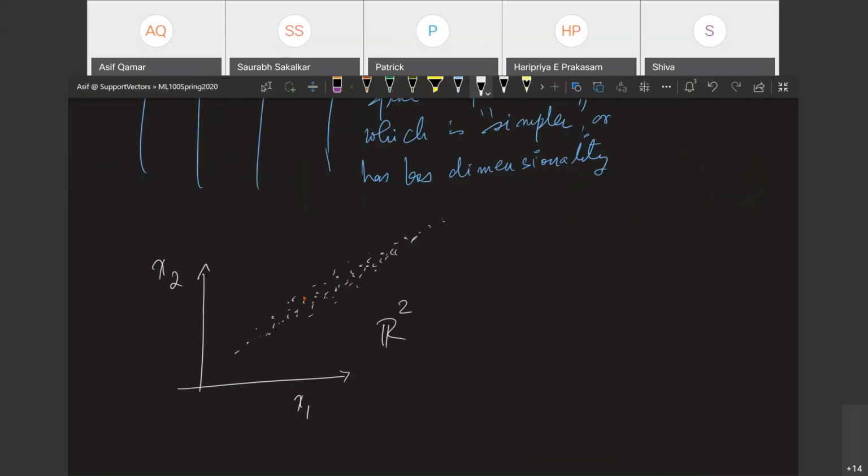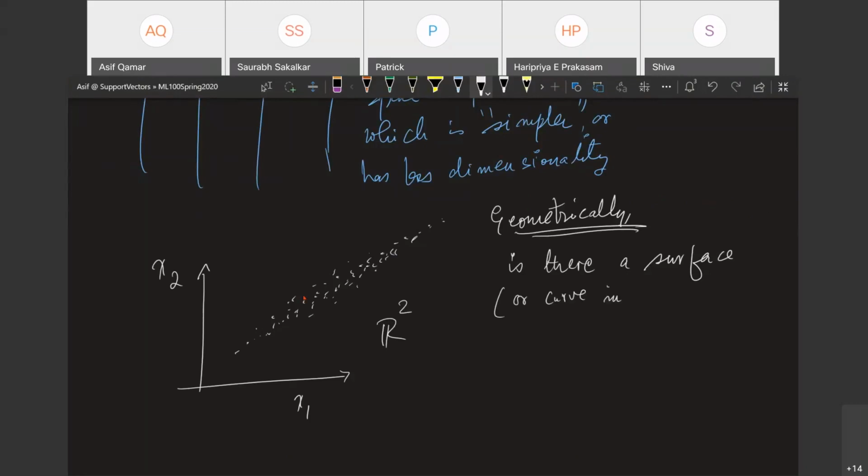You look at this data and you ask this question geometrically. Geometrically, is there a surface that the data is very close to?